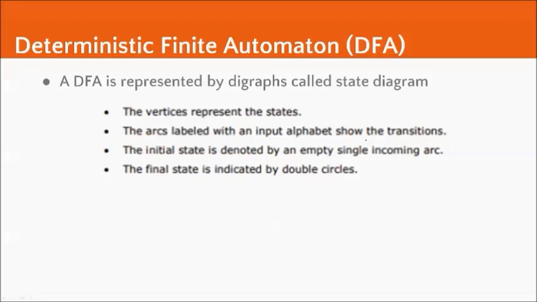The initial state is denoted by an empty single incoming arc, and the final state is indicated by double circles. Okay, so don't forget about that. Sometimes the initial state is called the starting state. The final state is sometimes called the ending or the accepting state. It's the same.